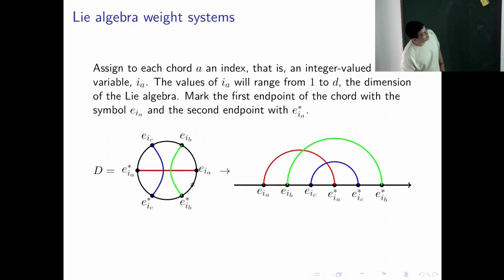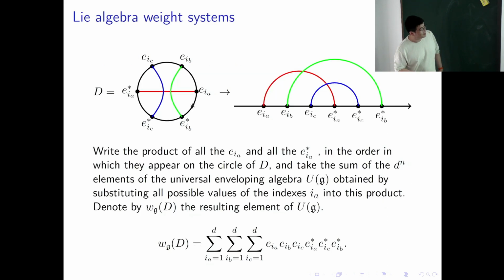For the red chord, I call it a: at the first endpoint I put e_ia, and at the second endpoint e_ia star. The weight system is defined by the summation of the product e_ia e_ib e_ic e_ia star e_ic star e_ib star. Take the summation. This is the Lie algebra weight system.